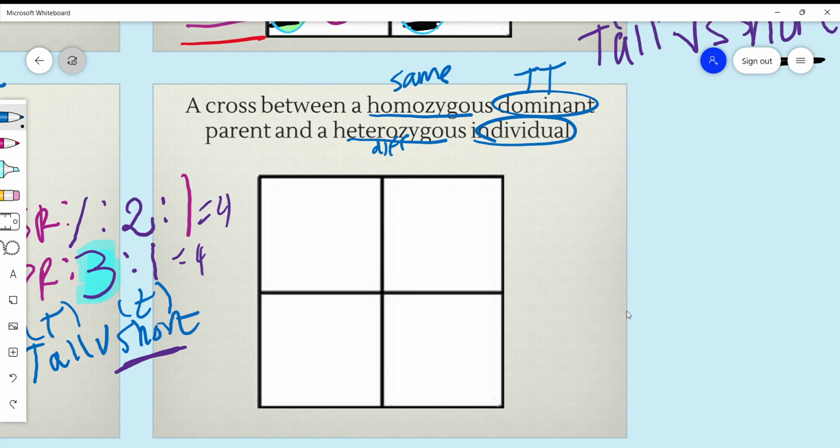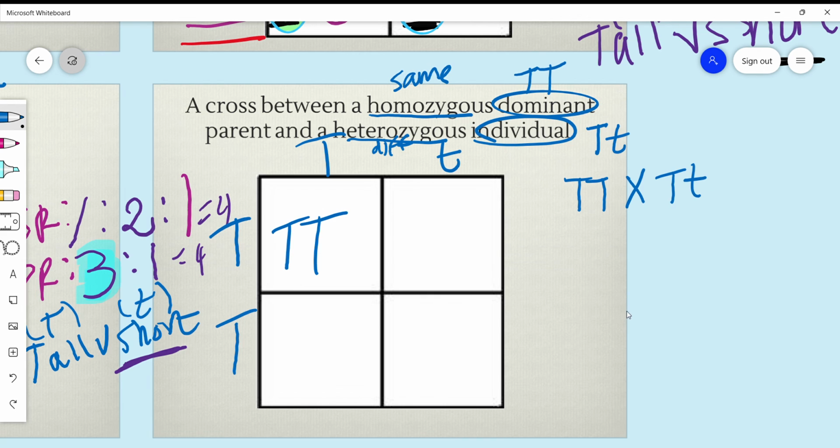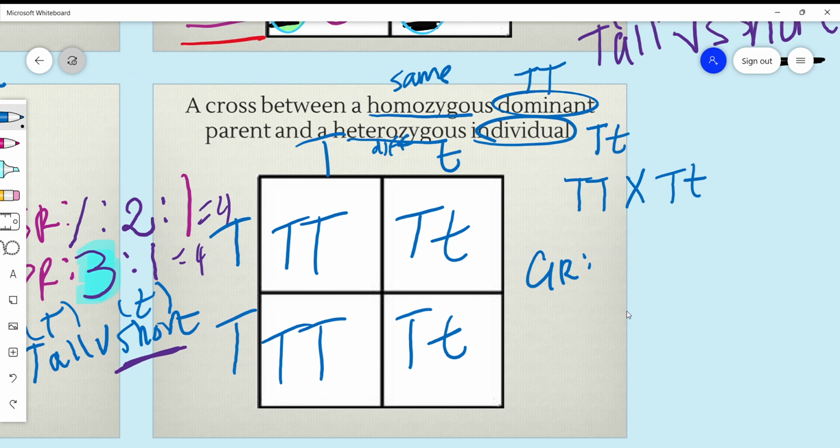In this case, we're going to have an uppercase T and a lowercase t. So our letter combo would be homozygous dominant times a heterozygous trait. So let's put our letters. Let's perform it. Let's get our genotype ratio and phenotype ratio.